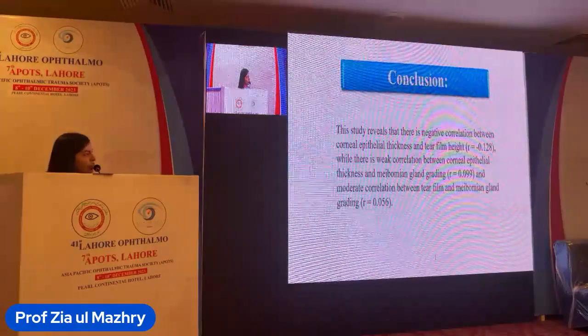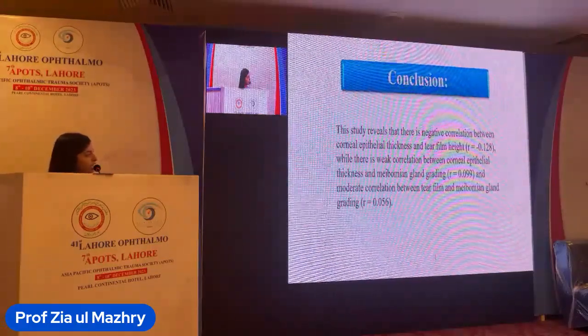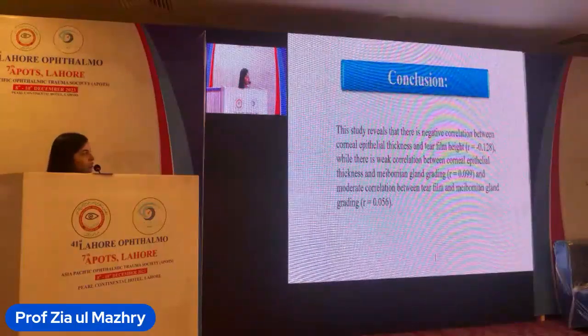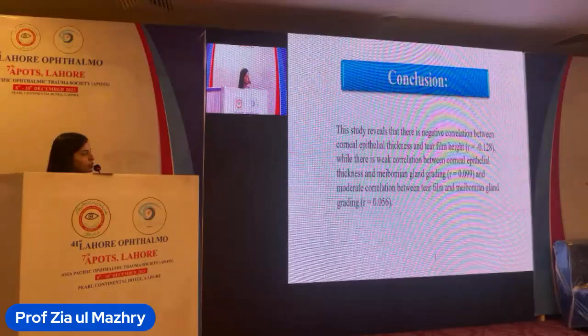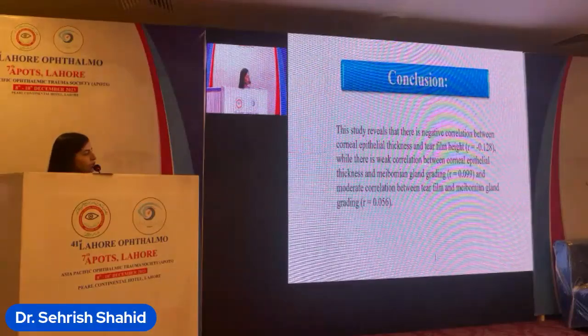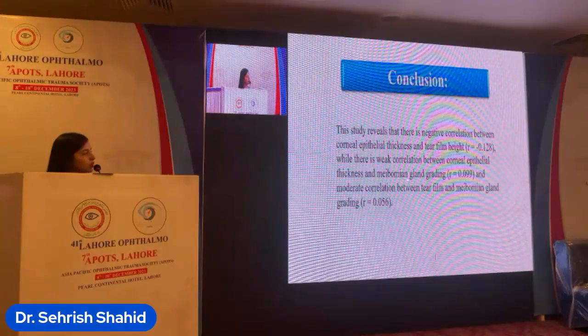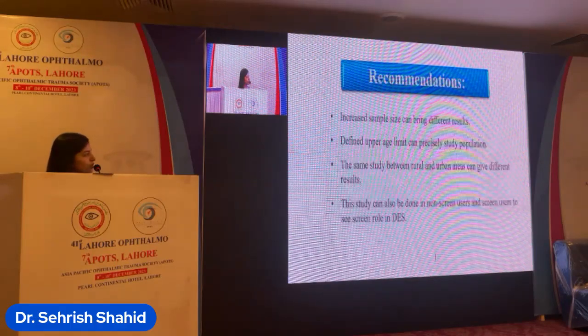So we concluded that there is a negative correlation between corneal epithelium and tear film. That means that if one was increasing, the other was decreasing. There was a weak correlation between corneal epithelium and meibomian gland, meaning these two parameters were not affecting each other a lot. The correlation between tear film and meibomian gland was moderate.